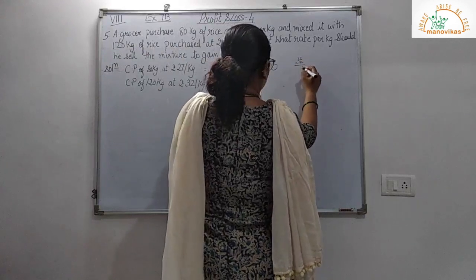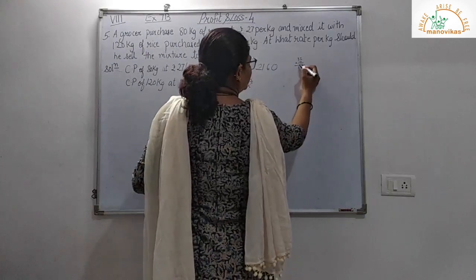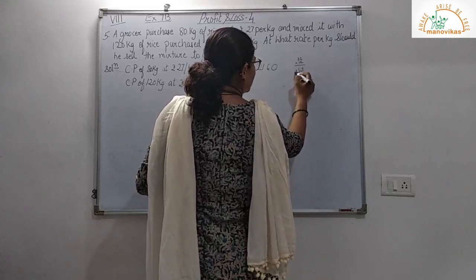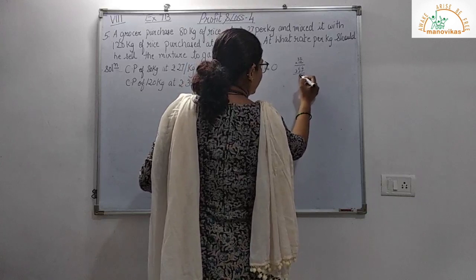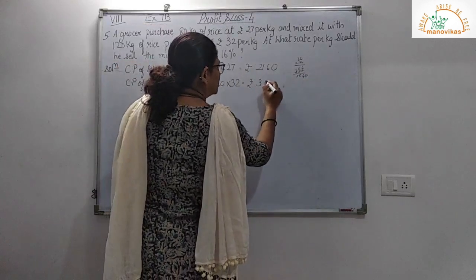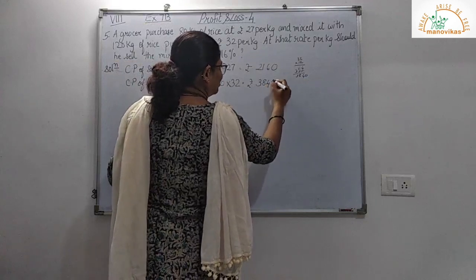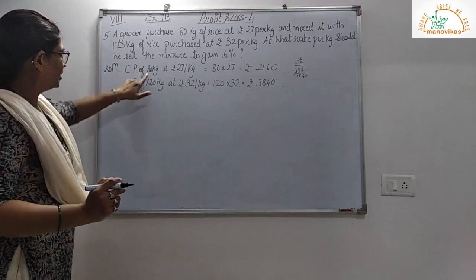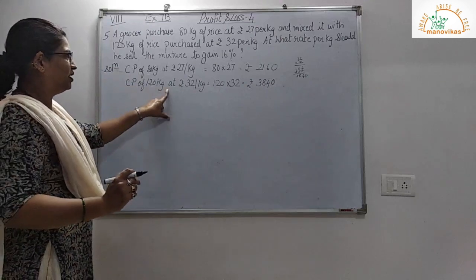So 2 2s are 4. So 2 3s are 6 plus 1 2s are 2, 1 3s are 3. So 4, 8, 3 and 1 0 over here. So we get it as 3840.